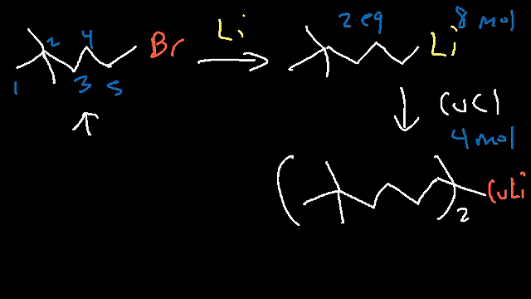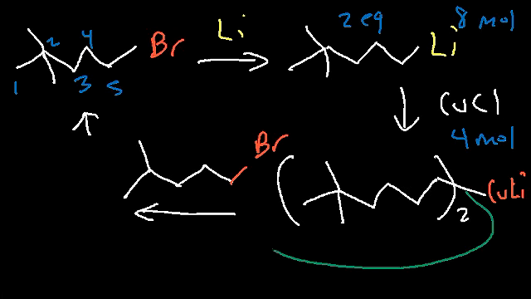So now I can react it with the other alkyl halide that I had. And so what's going to happen is one of the R groups is going to attack this carbon and expel the Br. And then the product that I'm going to get looks like this.